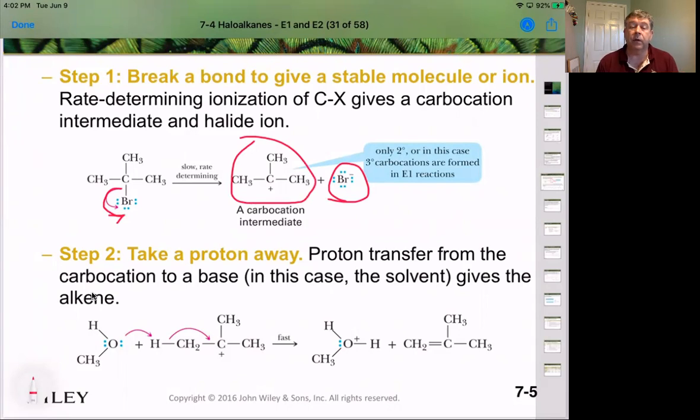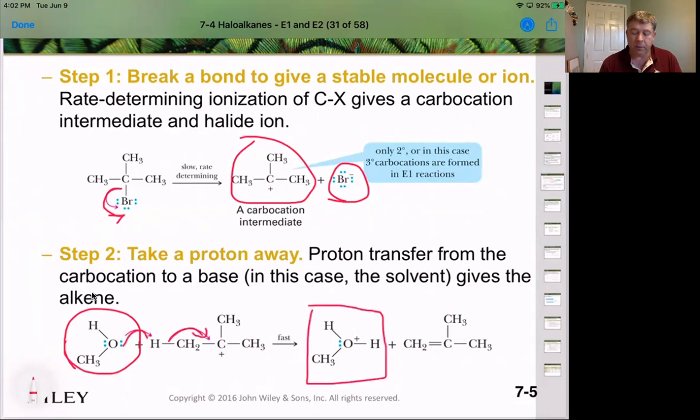The next thing we're going to do is remove a proton with a base, a Lewis base of some sort. When the Lewis base comes in, the electrons from the Lewis base are going to form the new bond with hydrogen, leaving the two electrons that were in that former sigma bond to generate the double bond. Now, when that deprotonated species goes away, we are left with our neutral alkene.